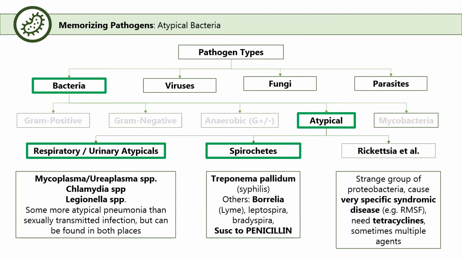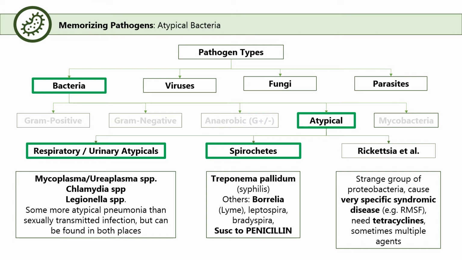The last group to discuss is the atypical bacteria group. Atypical bacteria are atypical for a reason. They are either so small that they cannot be seen on typical microscopy, or they lack a cell wall, which makes them impossible to stain using our typical Gram stain methods with crystal violet.